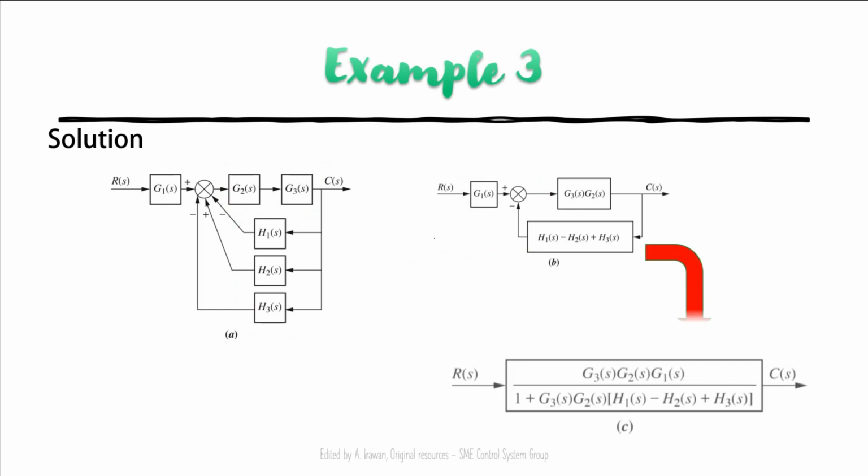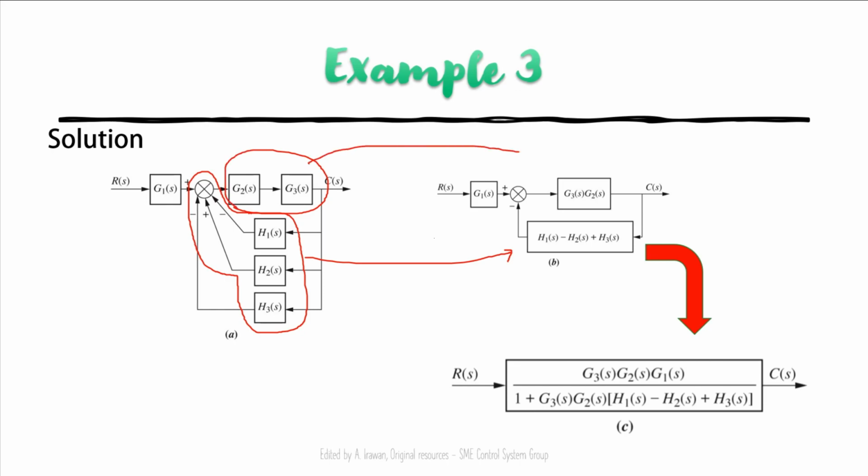So let's say we have this summing point. Simplify this one first, then we can get this block, and then we identify this cascade form, we simplify like this, and then in this situation we have a feedback form or closed loop form.